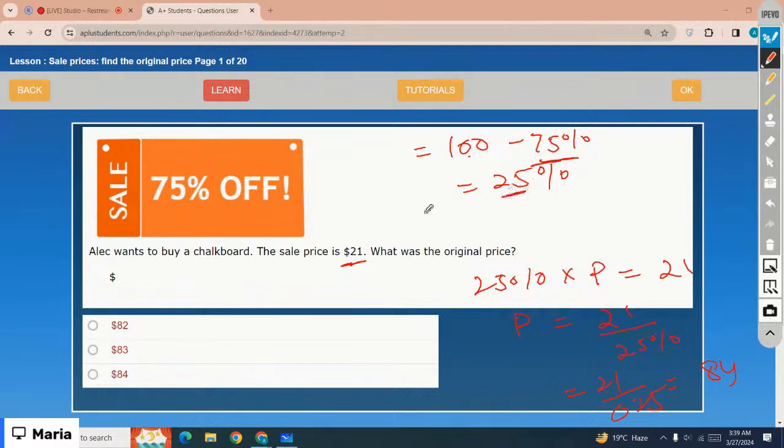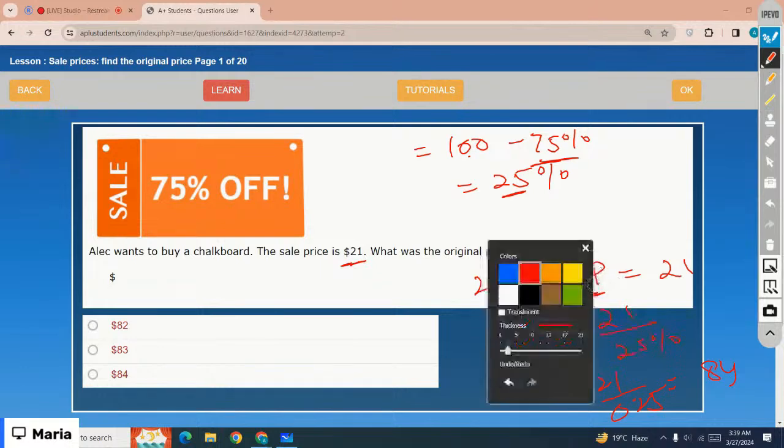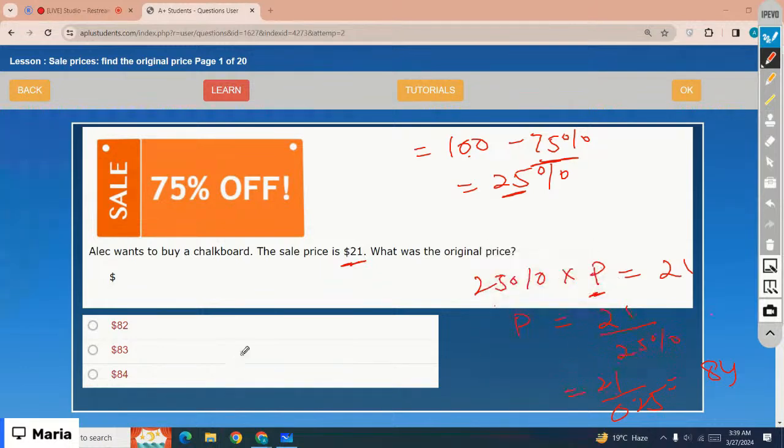That means you paid only 25%, right? So you have to do 25% times the original price, and how much you paid is $21. So you have to calculate for P. 25% is multiplied to P, so on the other side you have to divide 21 by 25%. So 21 divided by 0.25 is 84. That means the original price of the chalkboard is $84.